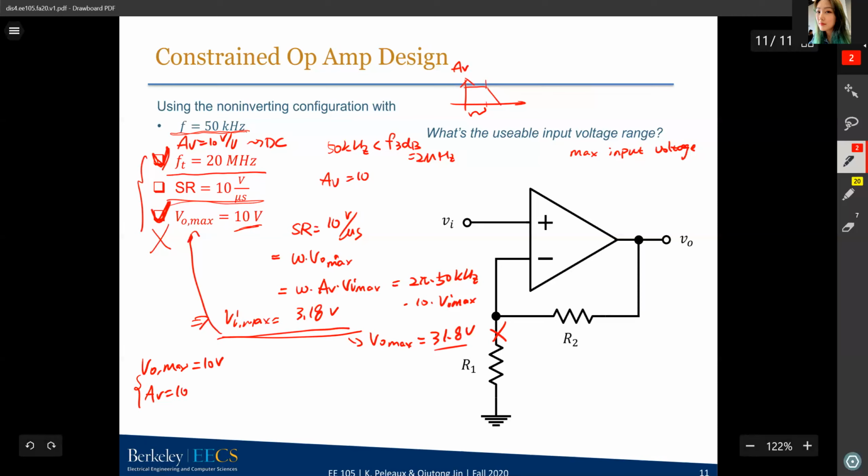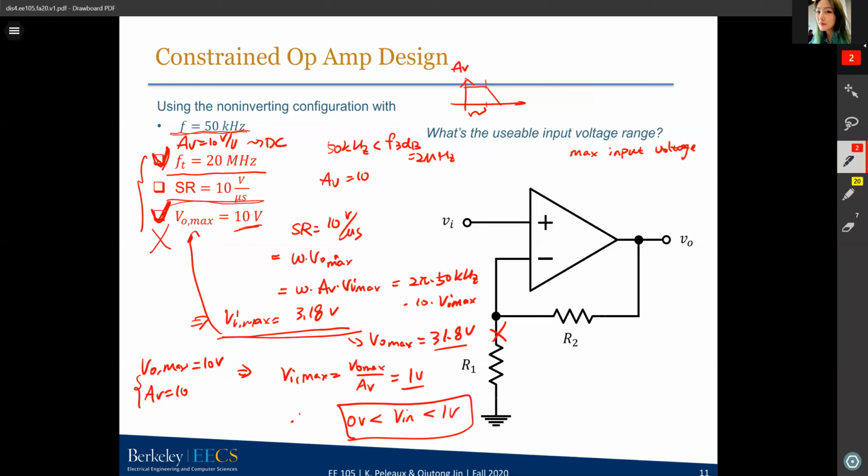So if you have maximum output voltage 10 volts and your gain is 10, the maximum input voltage you can get is always V out max divided by your gain, which is 1 volt. So the actual input voltage range will just be 0 to 1 volt.